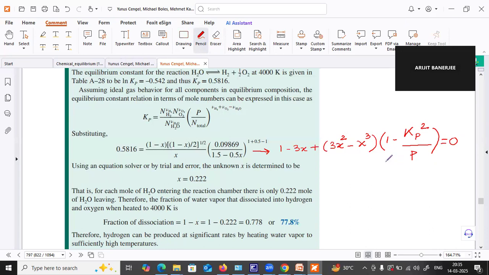That is the relation. That is a non-linear relation, and we will try to solve it by the trial and error method.